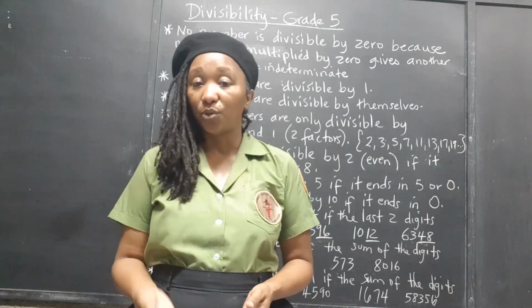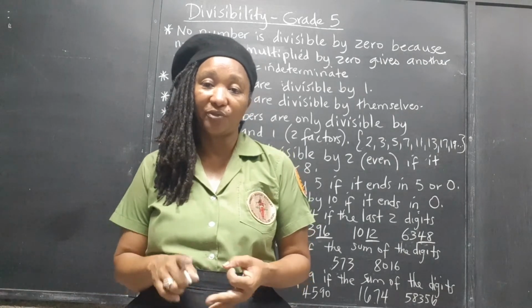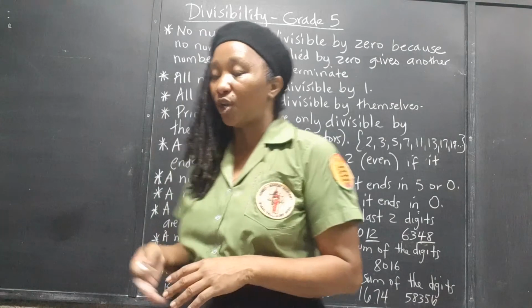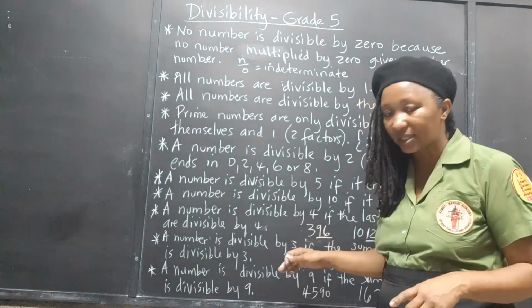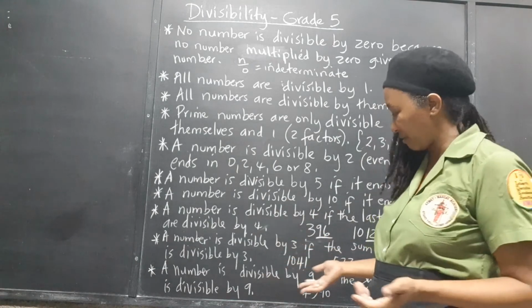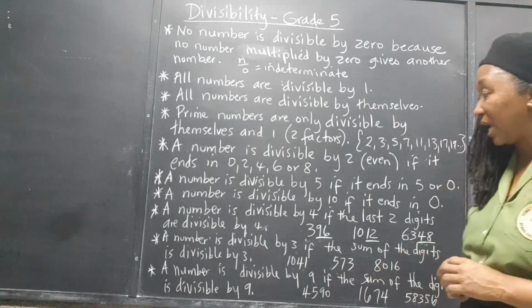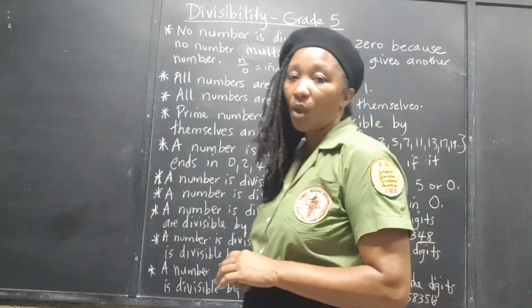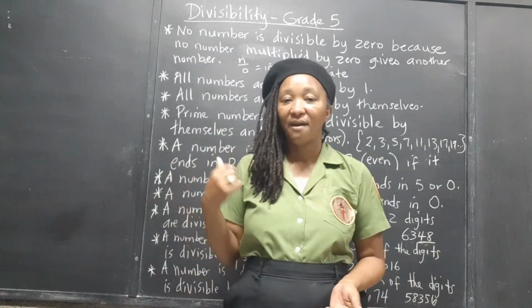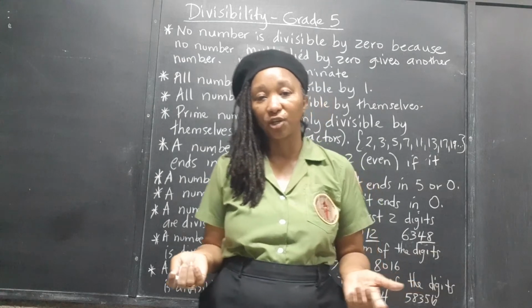Even numbers, 2 can go into them: 0, 2, 4, 6, 8, once they end with that. So the others, just take maybe another step of adding up the digits and then seeing, right? But there are ways of knowing which numbers are divisible by certain of the digits.